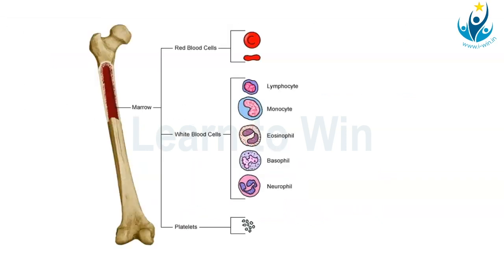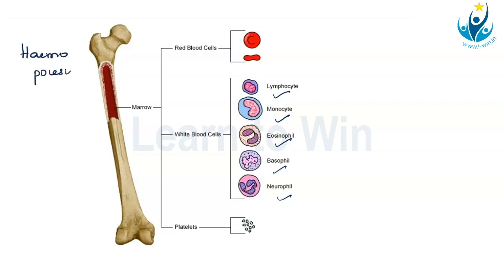Next, we are going to talk about the formed elements, the various cells that are present in our blood. These formed elements are RBC, WBC, which again contain lymphocytes, monocytes, eosinophils, basophils and neutrophils, and platelets. All of them are generated or developed in the bone marrow, and the process by which they are produced is called hemopoiesis or hematopoiesis.